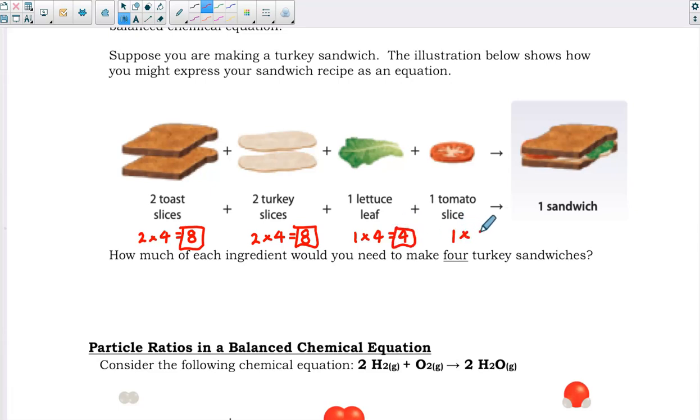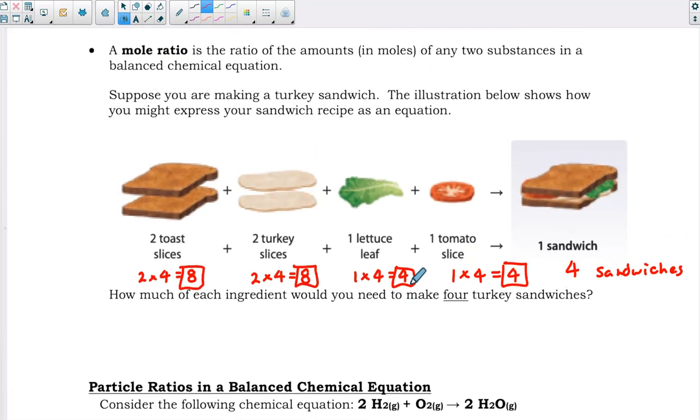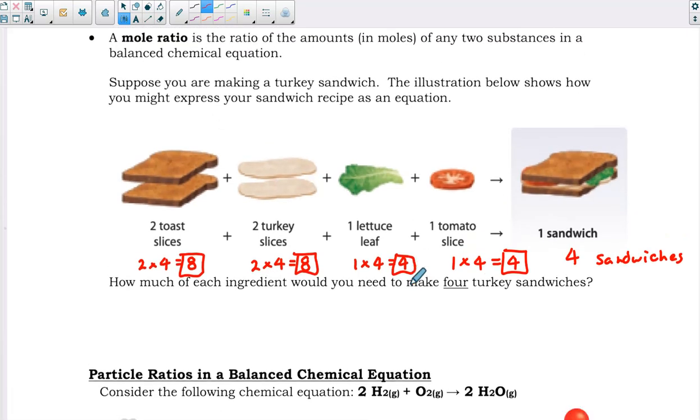The 1 tomato slice we also multiply by 4, and we get 4 tomato slices. So we need 8 slices of toast, 8 turkey slices, 4 lettuce leaves, and 4 tomato slices to give us 4 sandwiches.